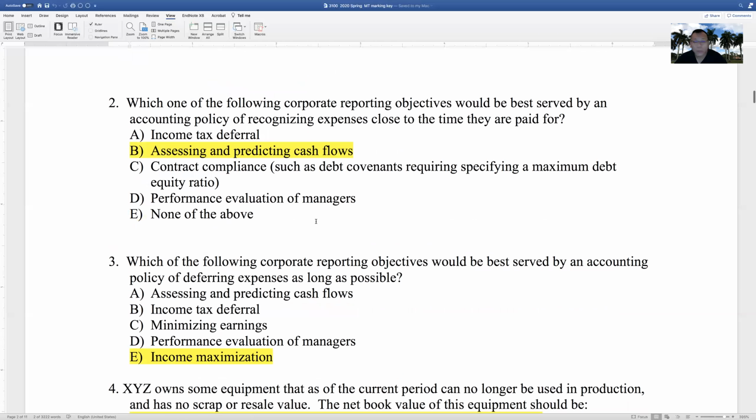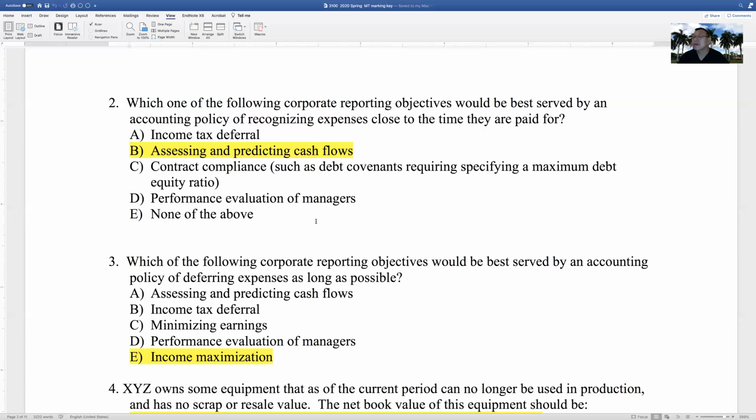Question 2: which one of the following corporate reporting objectives would be best served by an accounting policy of recognizing expenses close to the time they are paid for? So you're recognizing expenses close to the time of the cash payment, the cash outflow.